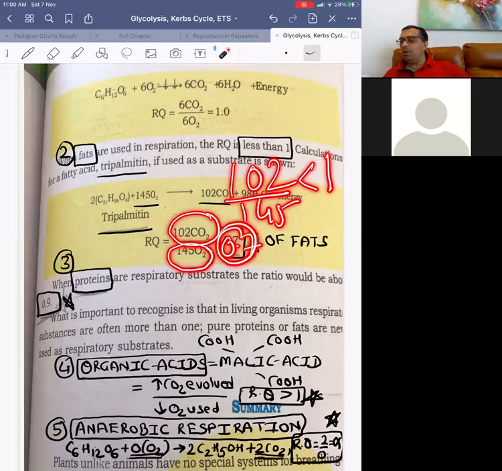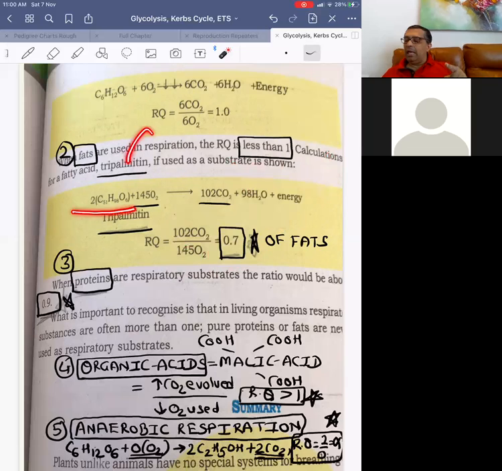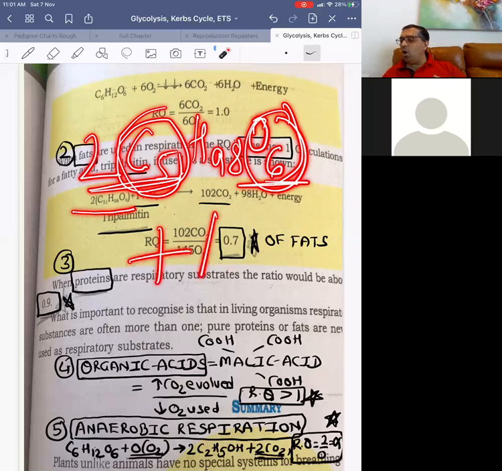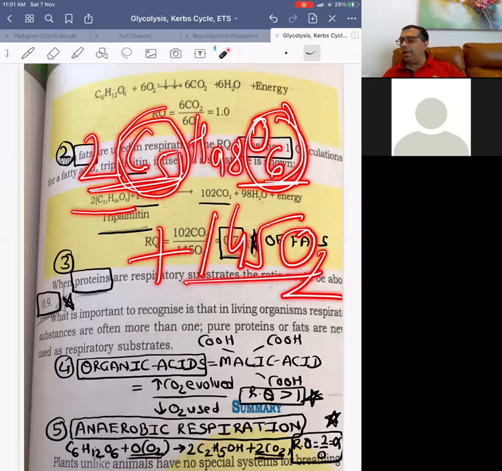Exactly 0.7. So if inside a fat, or any molecule, carbon is high and oxygen is low, then we will require additional oxygen to liberate a smaller amount of carbon dioxide.